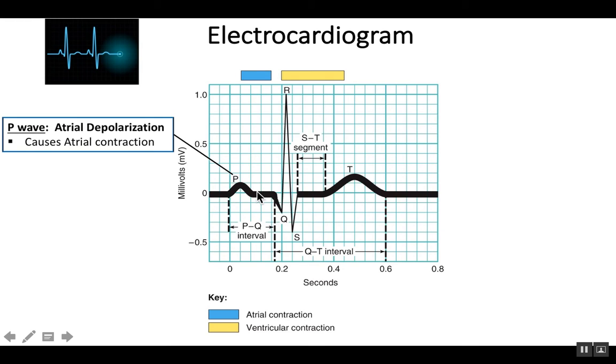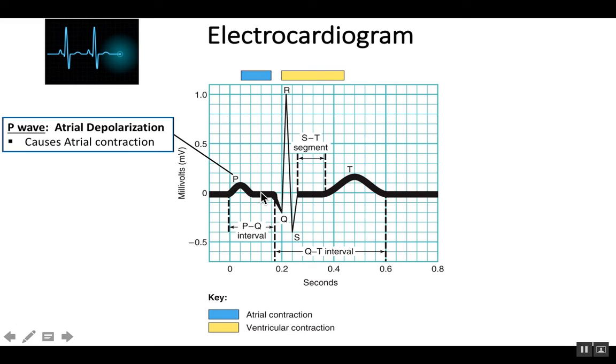So that P wave tells you that the atria are depolarizing, and right after that, they're going to contract. So notice that on this figure, they show this blue bar representing this interval, basically right at the top of the P until just about at the Q of the QRS. That's where the atria are going to be contracting.